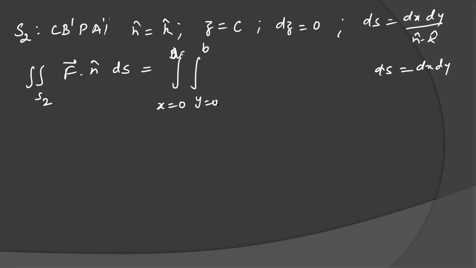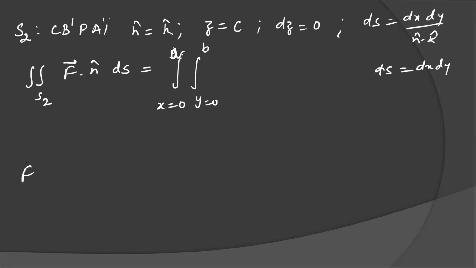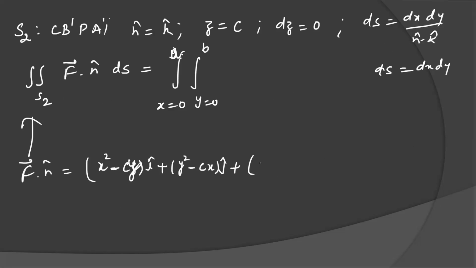Here F dot n cap is a little bit important, so I'm going to solve this. It will be x square minus cy i, because z is c, plus y square minus zx, that means cx j, plus c square minus xy k.